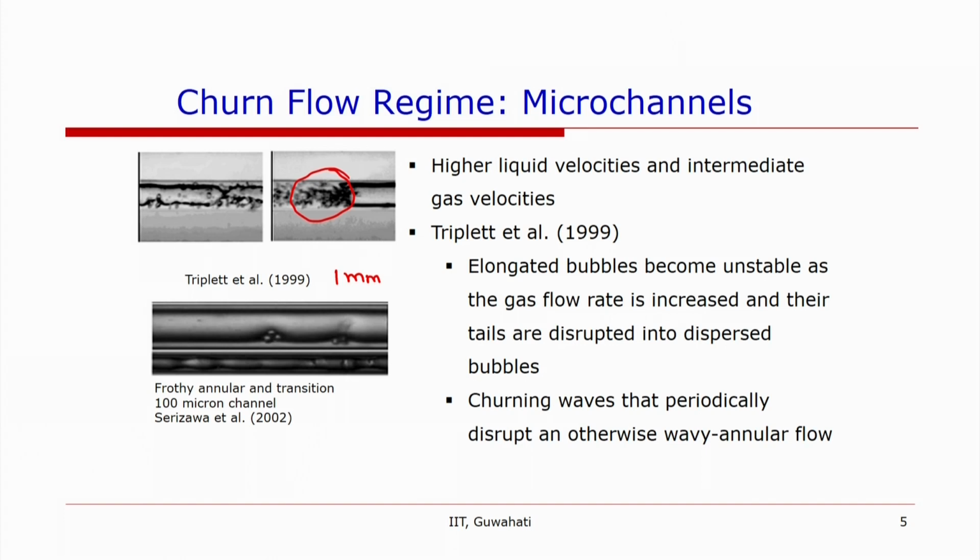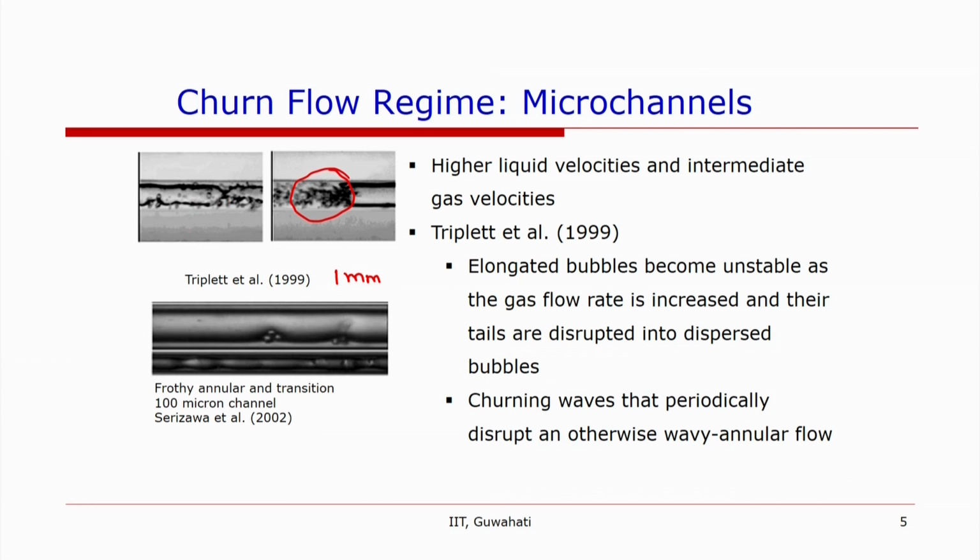The other case is we have churning waves that periodically disrupt an otherwise wavy annular flow. So, you have waves on the annular flow, and on this there are some more bubbles or droplets. So, those churning waves, this is called churning.